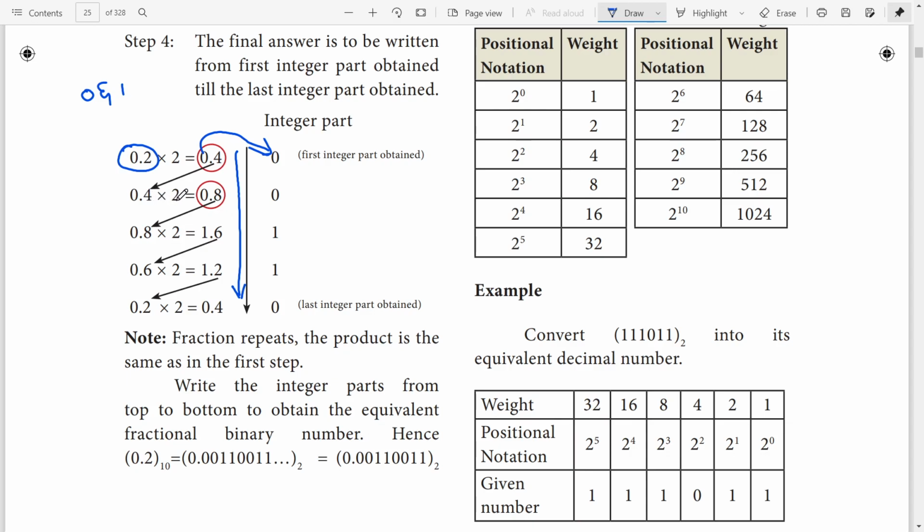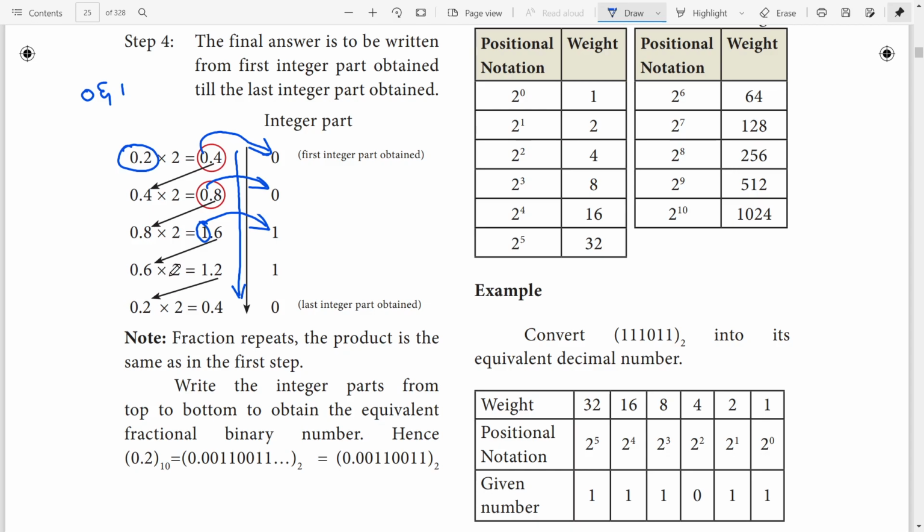Again multiply by 2, write 0 here, and the decimal part is 0.8. Again multiply by 2. Now you will get 1 here. Now 1 has to be taken here and you write 0.6. Is it clear? You should not write 1.6. It has to be only the decimal part, that is 0.6.